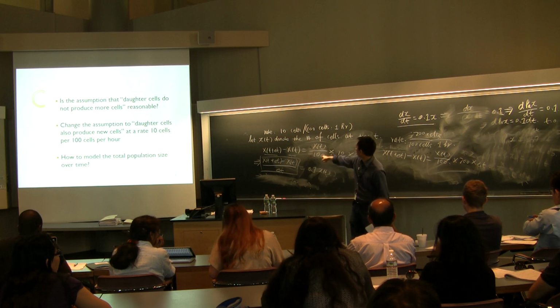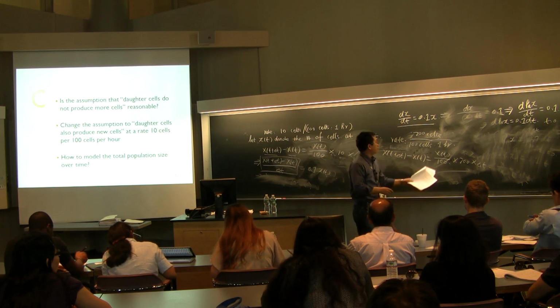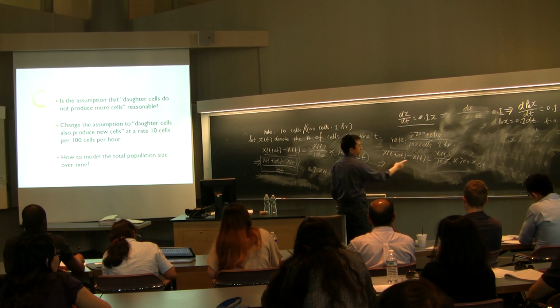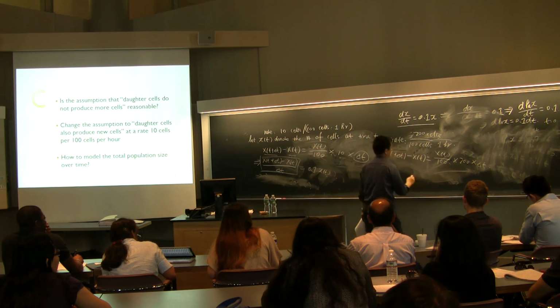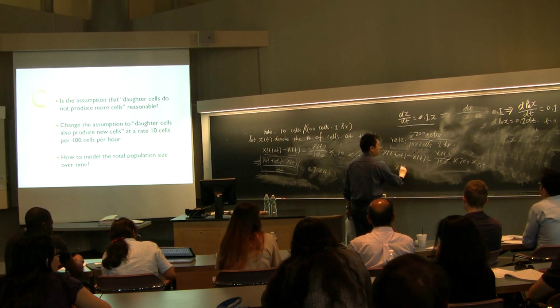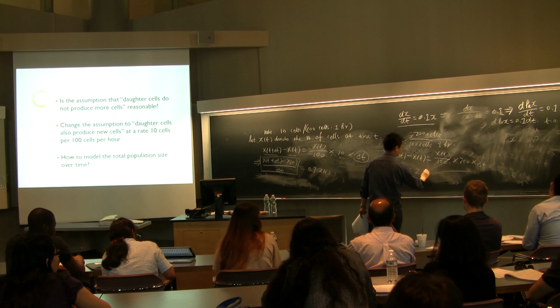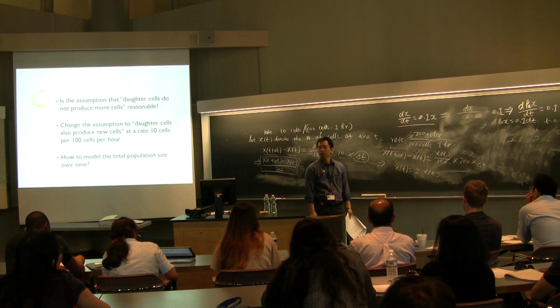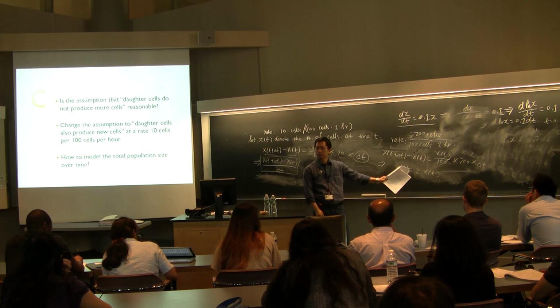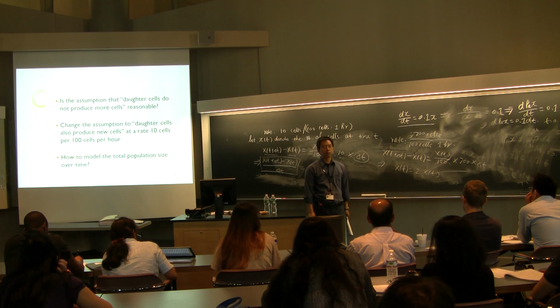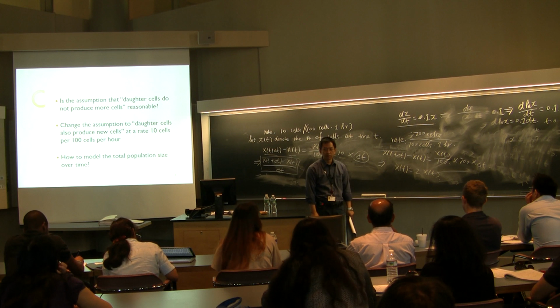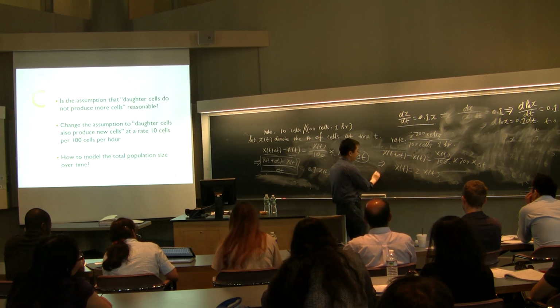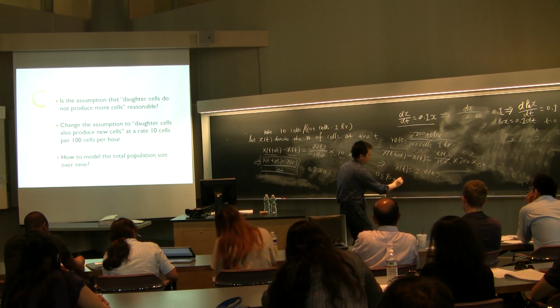Same as here, right? Now, what will I get? I divide delta t at both sides. I get the rate, is that right? So if this coefficient were a probability, it cannot be greater than 1. Probability can be only between 0 and 1.